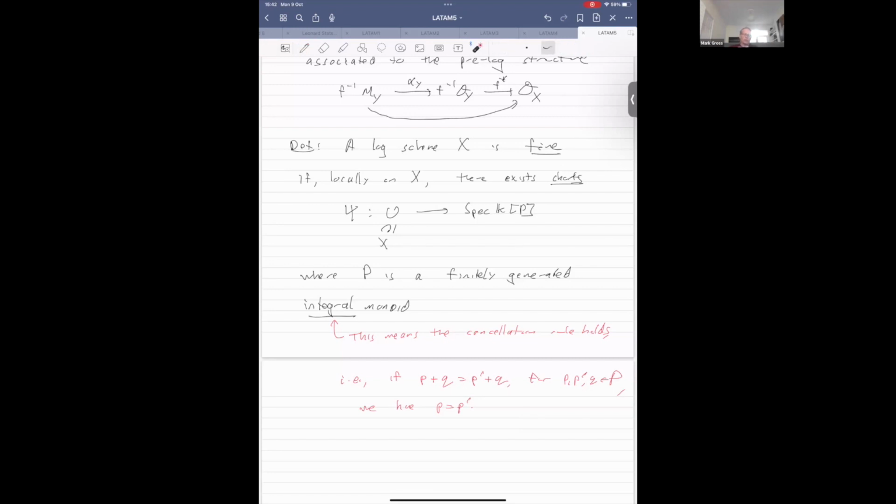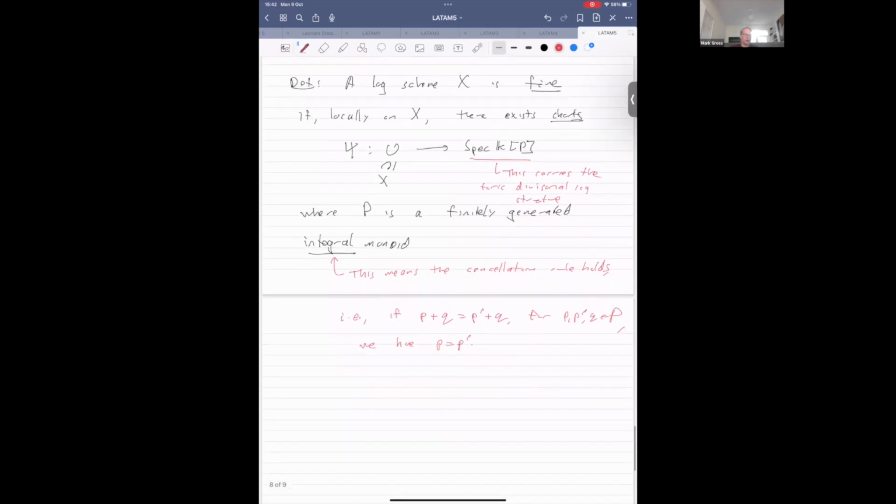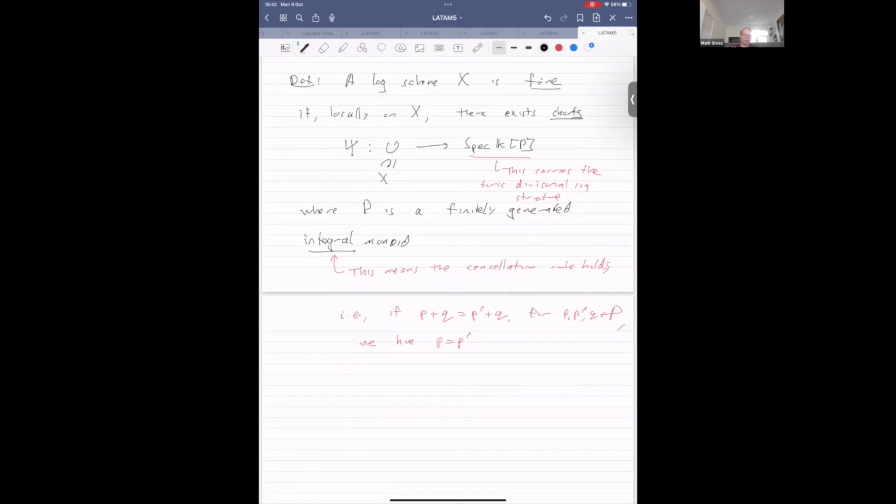Okay, so this is essentially a toric variety and therefore carries a toric log structure. So this carries the toric divisorial log structure. And what does this do for us?